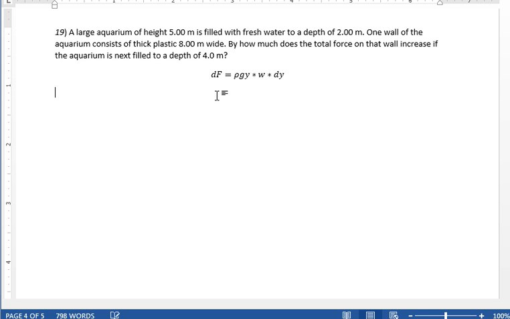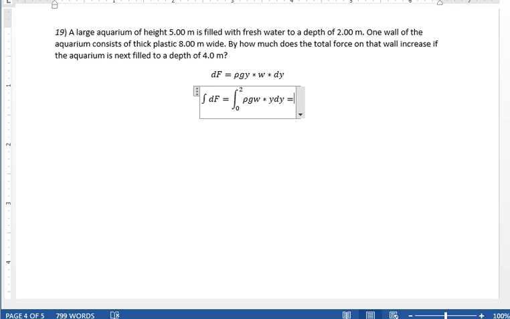So if we want to know the full force, we have to integrate the force, from 0 to 2 meters of rho g w times y dy. I wrote it that way simply because the rho, the g, the w are all constants, and so this comes out. What's rho?